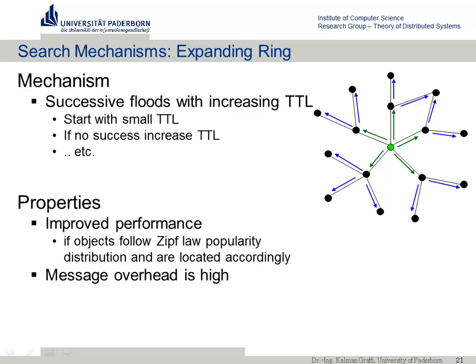And if you still didn't have success, then you increase it again, and you increase the number of nodes queried, also exponentially. A small problem with this is of course that you contact nodes that have been contacted before.